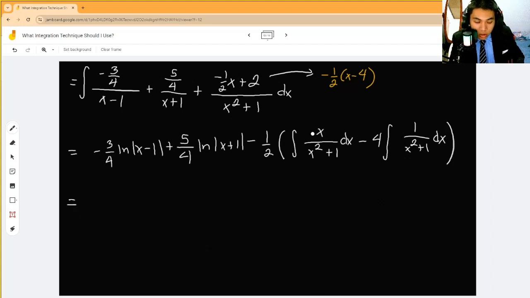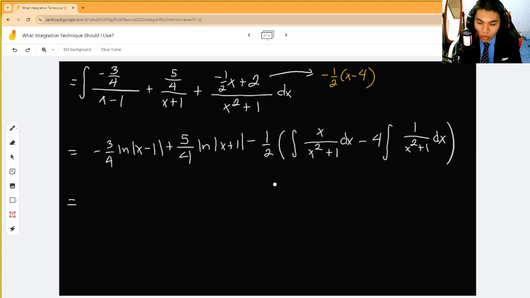And for this one, you can just do the u-sub in our head, since this will be 2x. We let u be x squared plus 1, so we have 2x, so 1/2 du is x dx, which is right there, and then it becomes an ln function, and then we can distribute this to find it out.